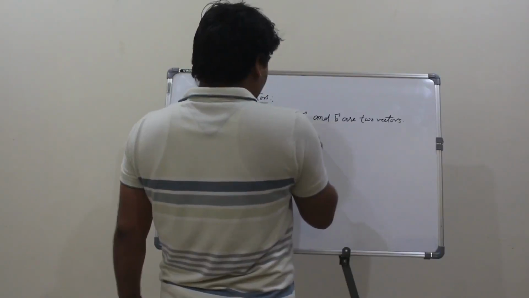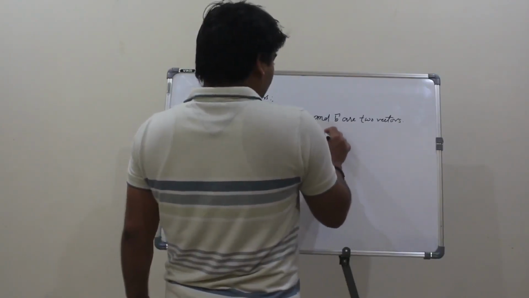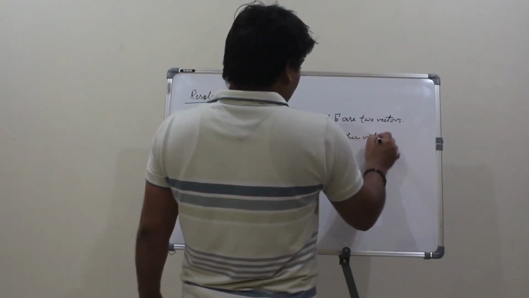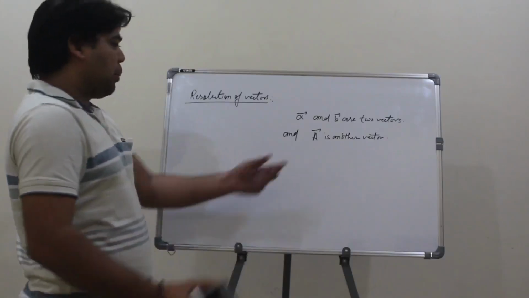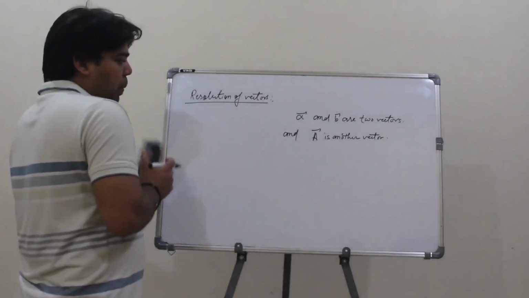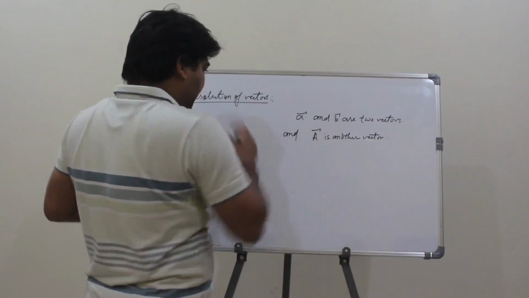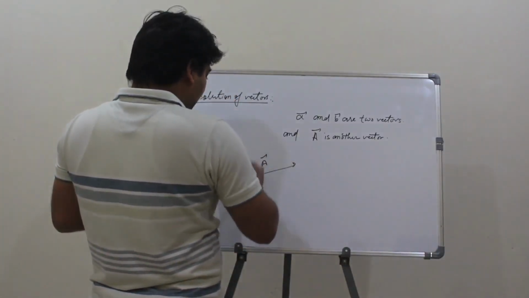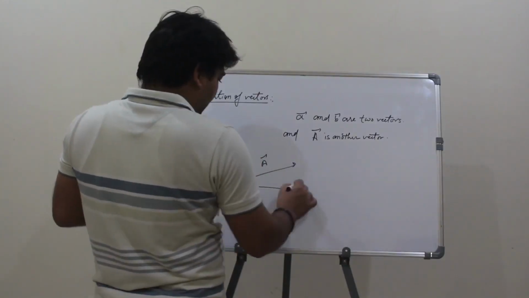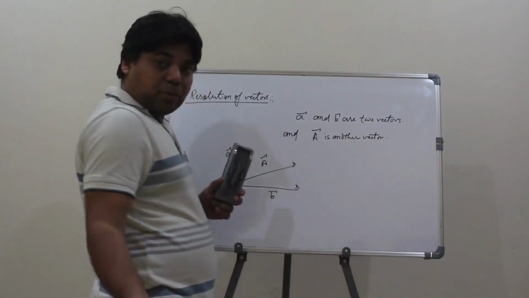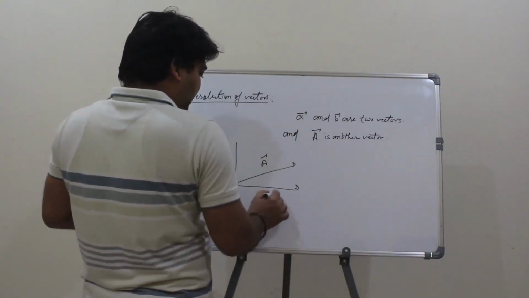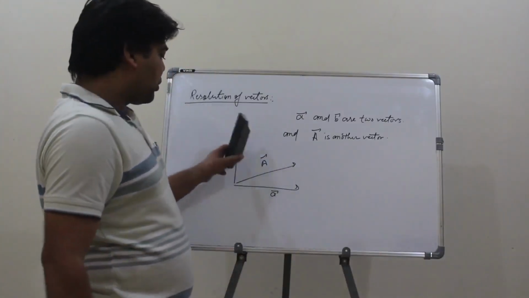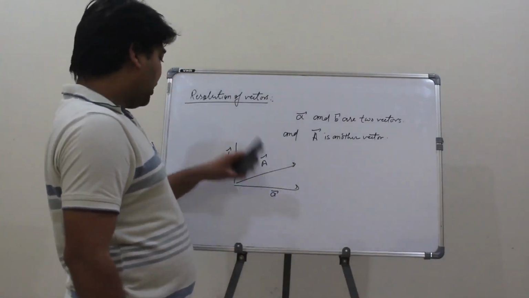And then there is another vector, capital A. Right? Now you want to find capital A in terms of a and b. So A is something like this, whereas a is like this and b is like this. Now you want to express A in terms of small a and small b.